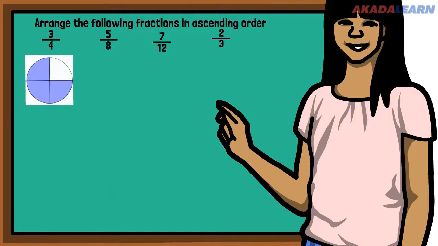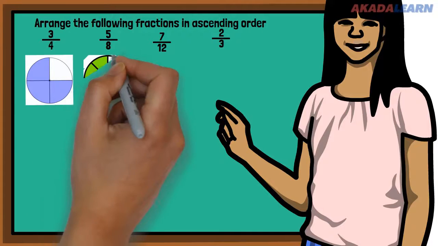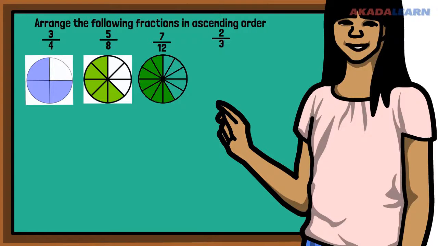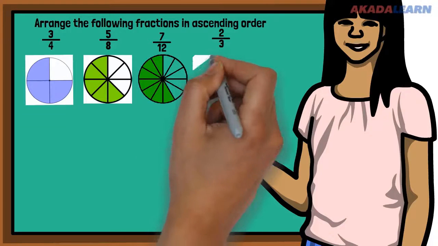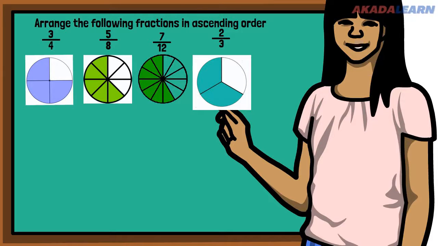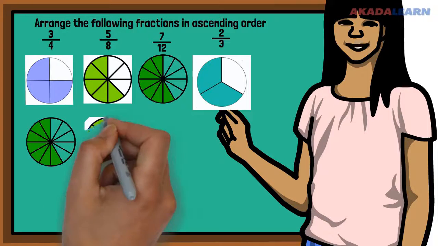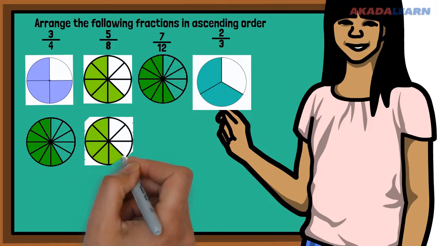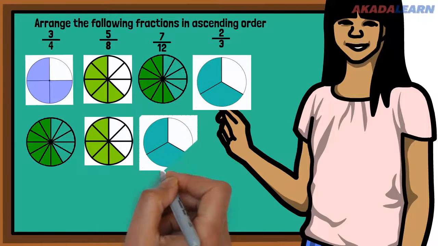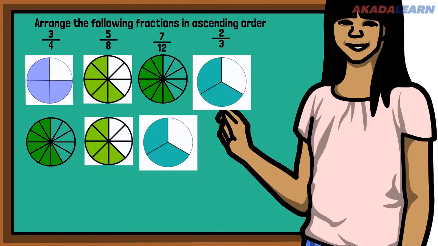So that's 3 over 4, this is 5 over 8, this is 7 over 12, and this is 2 over 3. So let's see which one is from smallest to biggest. Which one is smallest? Okay, we can see that. That's the next one. That's the next one, you can see that is still looking large.